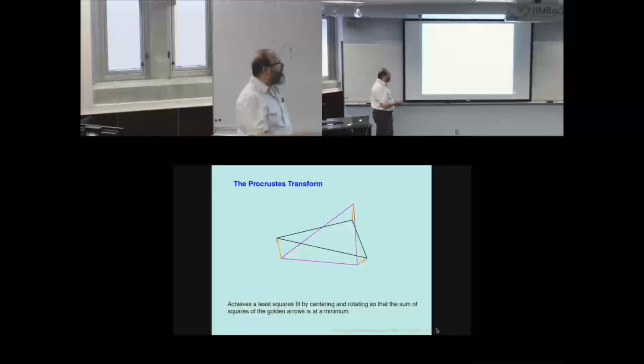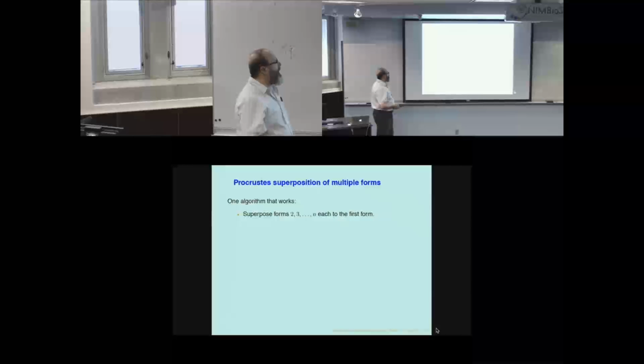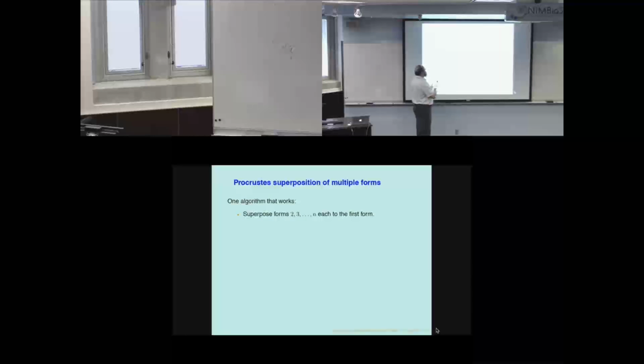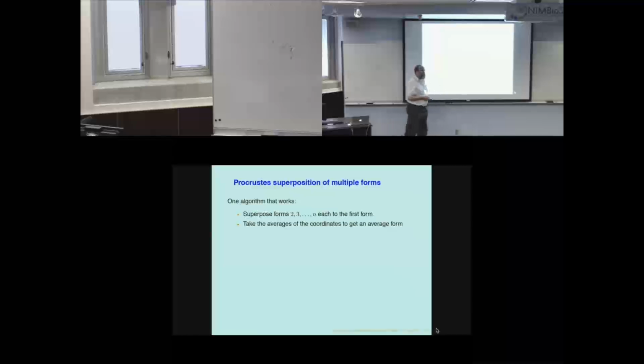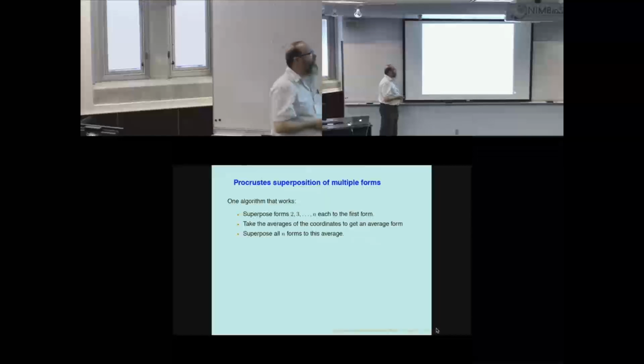Now the algorithm that they use for multiple forms is just take all the forms, superpose each one using this generalized Procrustes least squares rather quick method to the first form, numbers 2 through n. Take the averages of the coordinates to get an average form, then take that and superpose everybody to that.